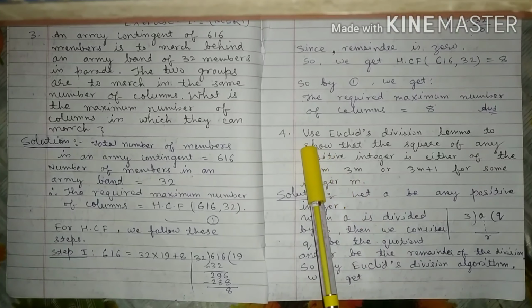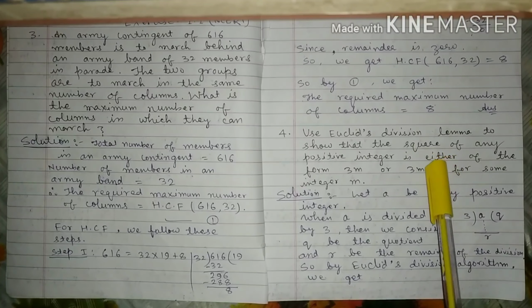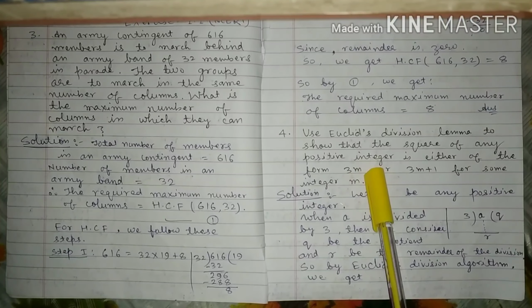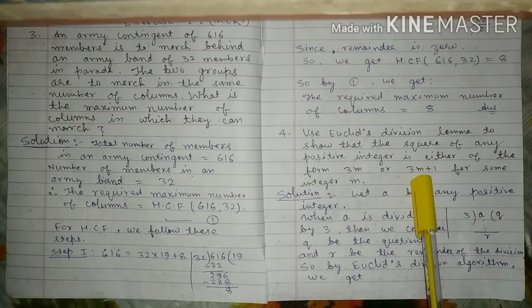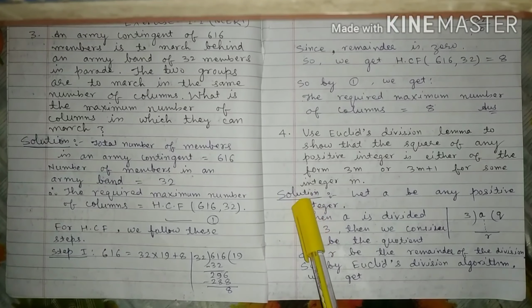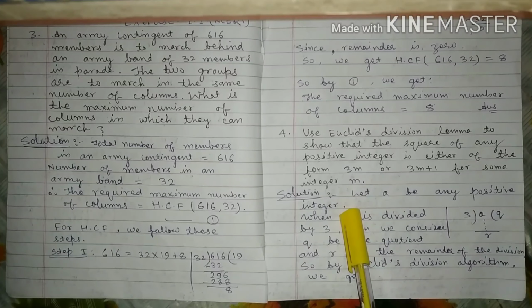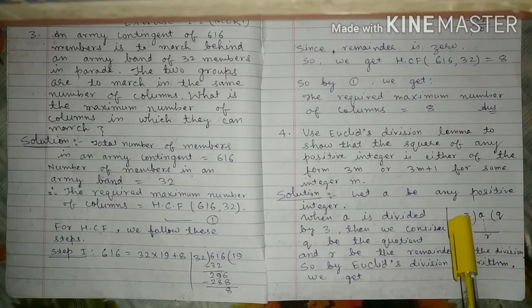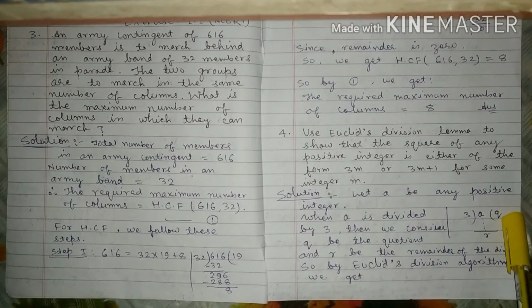Now question number 4. Use Euclid division lemma to show that the square of any positive integer is either of the form 3m or 3m plus 1 for some integer m. For the solution of this question, we consider a to be any positive integer. When a is divided by 3, suppose q is the quotient and r is the remainder.